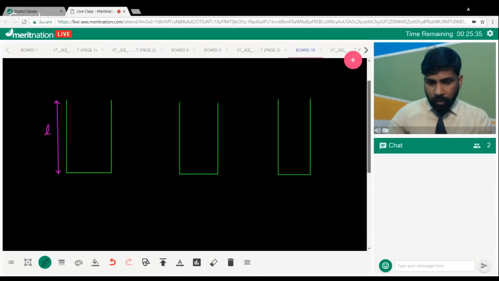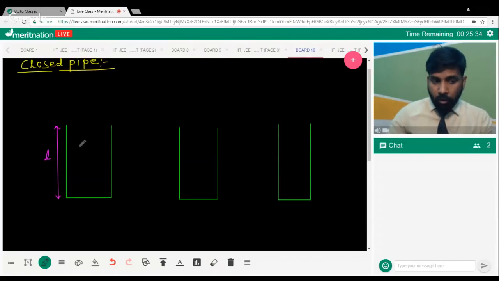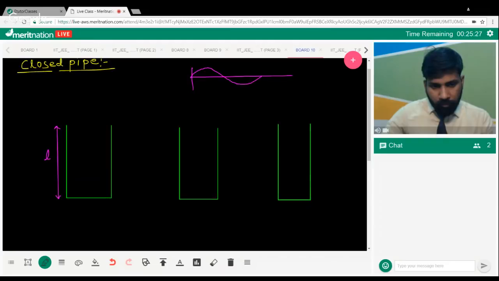If we draw the stationary wave here, this is the displacement wave of the stationary wave.